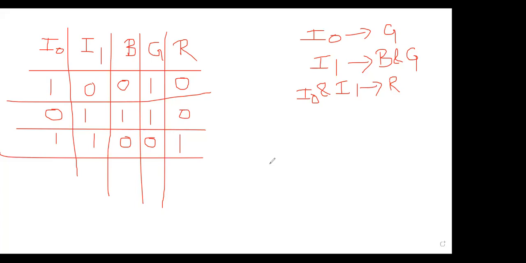Other people, what are you doing? We do not have to repeat the address. Make it one by one. Blue is getting on once, green is getting on twice. That you have to see.